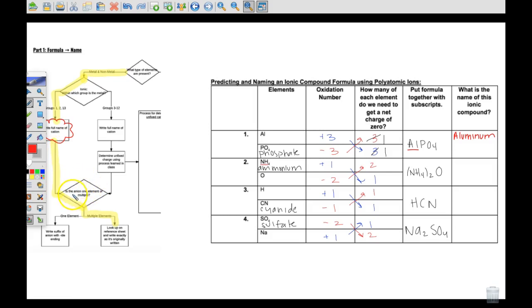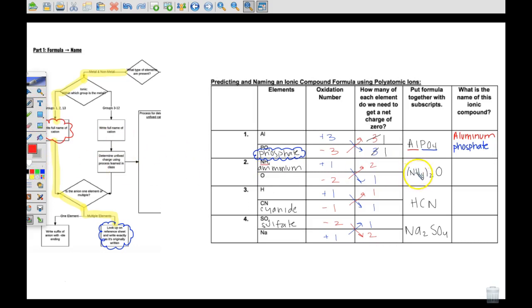But when I get to the question where it asks, is the anion one element or multiple? It's multiple because I have many more elements put together. Then it asks to look up on the reference sheet and write exactly how it's written. PO4 stands for phosphate. So I'm going to write that down exactly how it's written, and I'm not going to mess with it. So this compound is called aluminum phosphate.